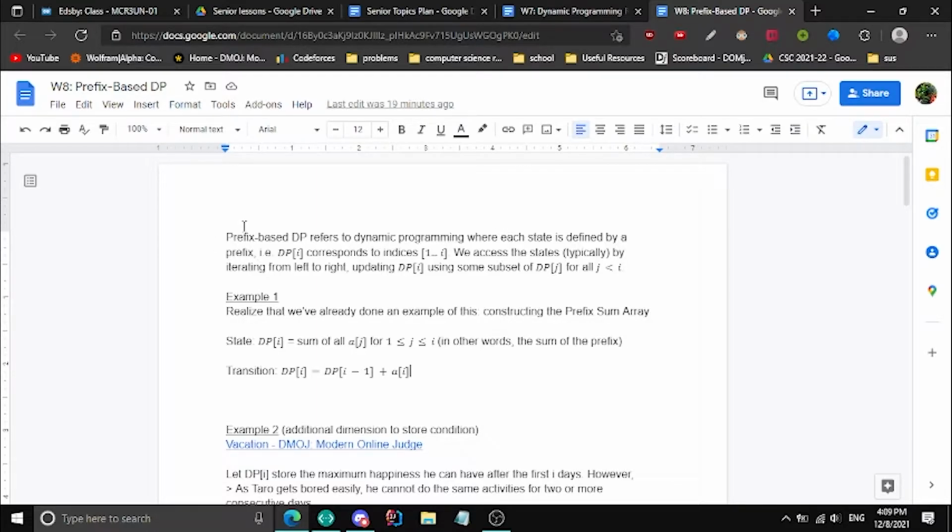Prefix-based DP refers to dynamic programming where each state is defined by a prefix.